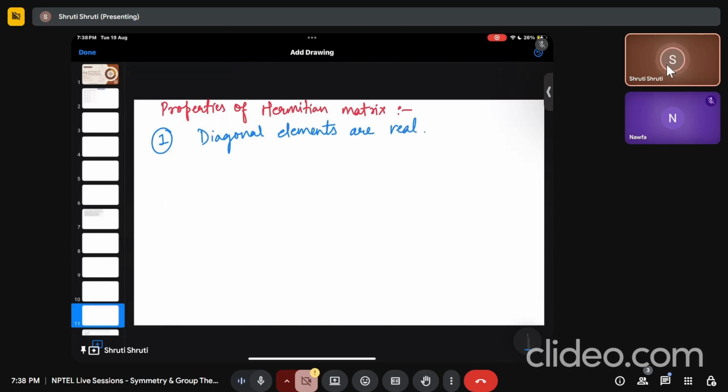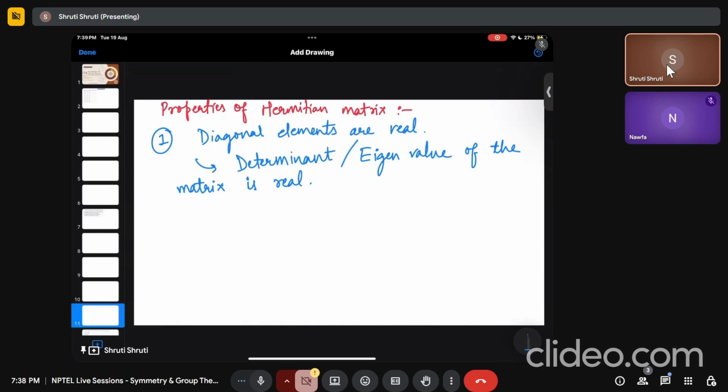And the other way of saying this is that the eigenvalue of the matrix is real. This is the first property.